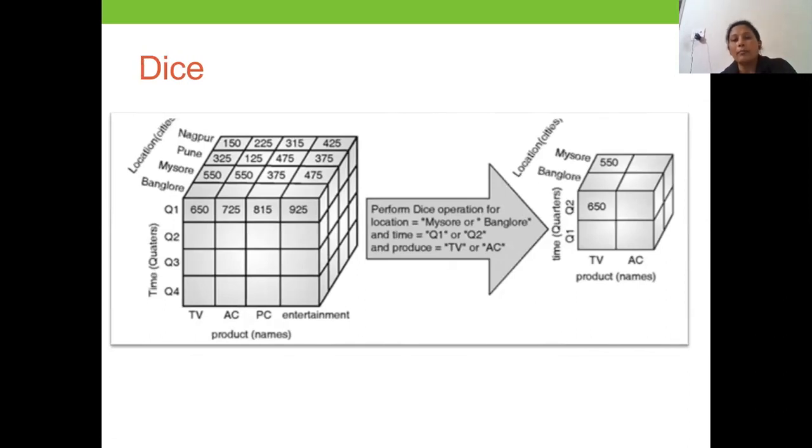So we are talking about two dimensions at a time, and we have taken two products at a time, that is TV and AC. Now we are looking for a very concise data cube for our decision making. When we apply these two dimensions on this data cube, we get a diced view of the data cube. So it is called the dice operation.